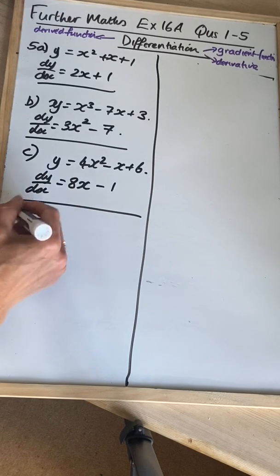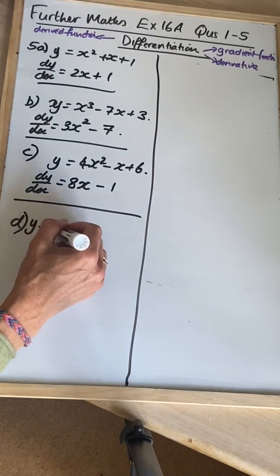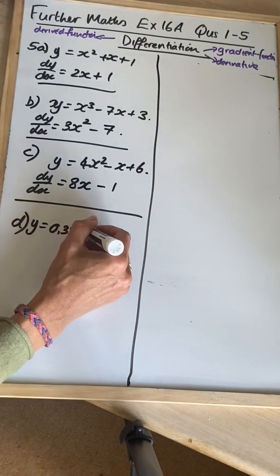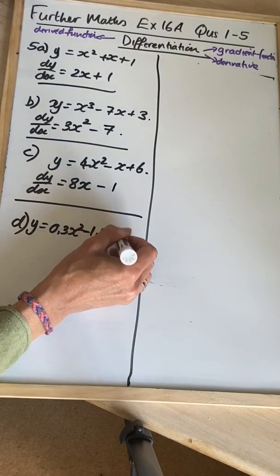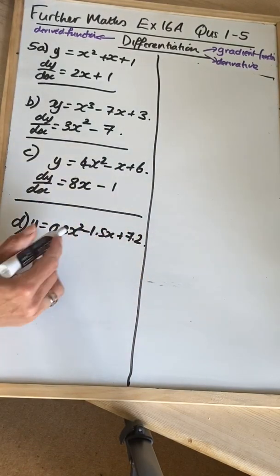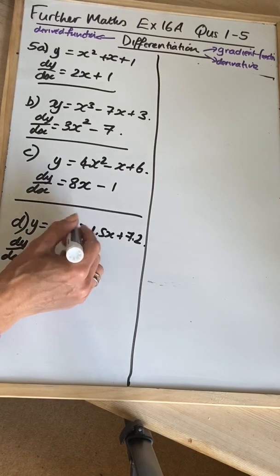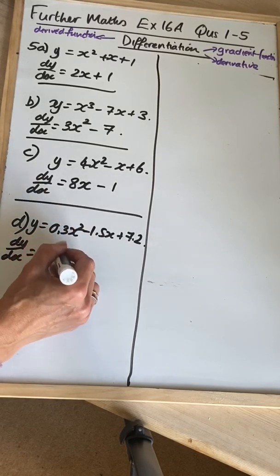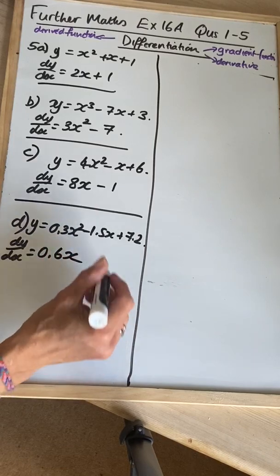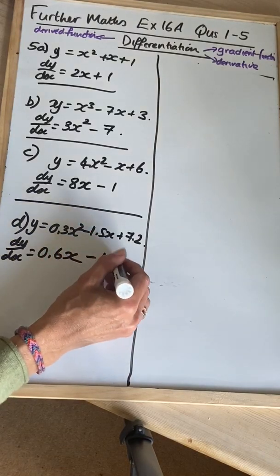D. We've got some fractions, or other decimals, don't be put off by them. The process is exactly the same. So we're going to bring our power of 2 down and multiply our coefficient by it, so it becomes 0.6, just an x on its own, and minus 1.5.